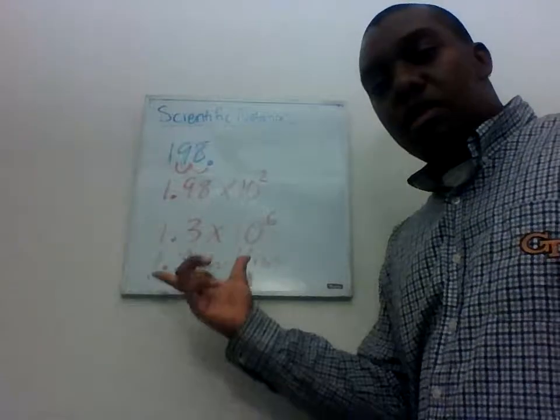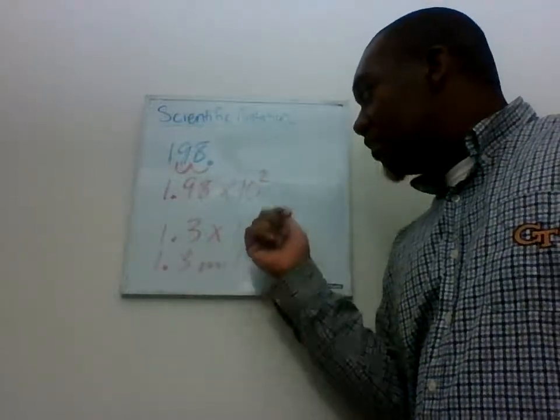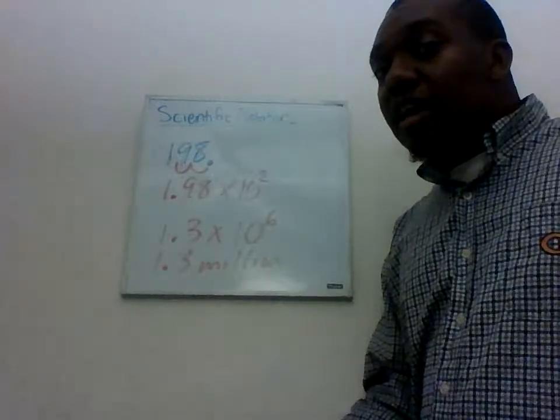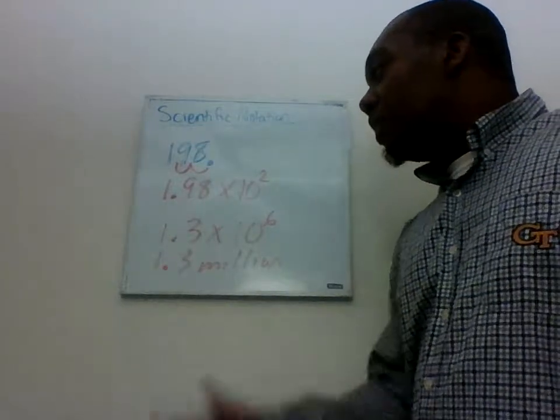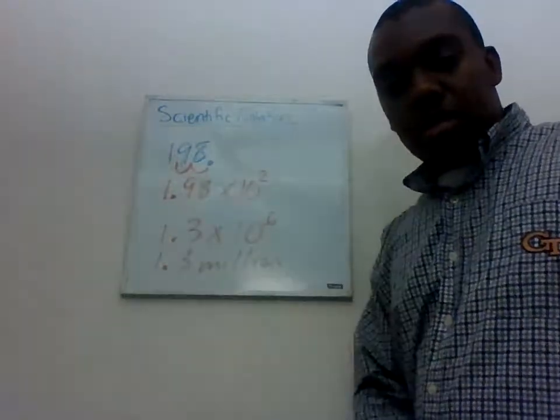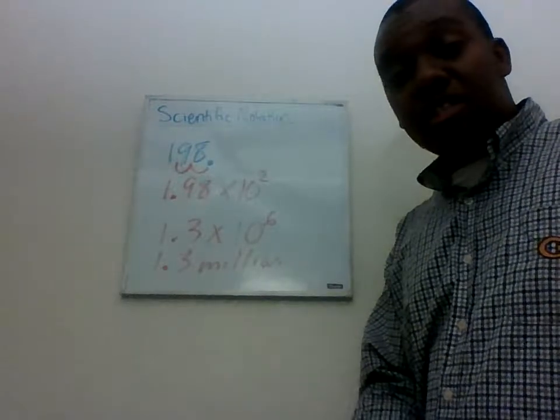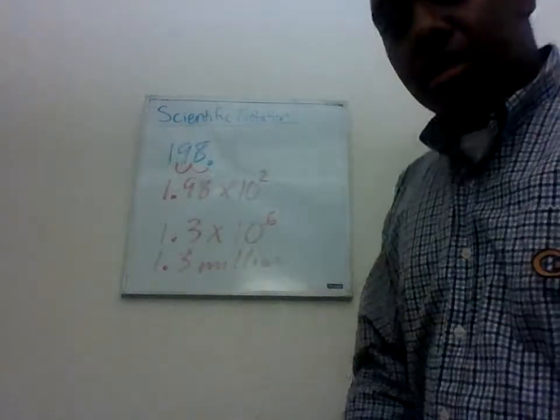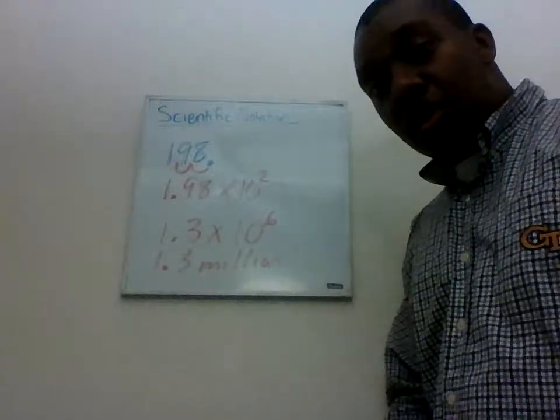But those are all with positive exponents, and we know that we can have negative exponents, right? These are also all whole numbers, and we know that we can have fractions of whole numbers. We can have decimals. So what about if it's going the other way? Well, let's see what happens.